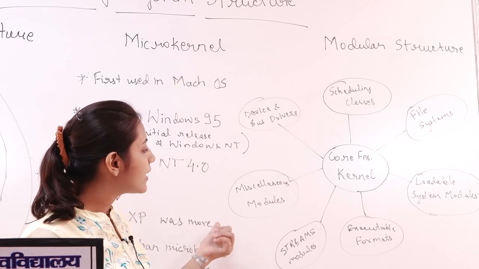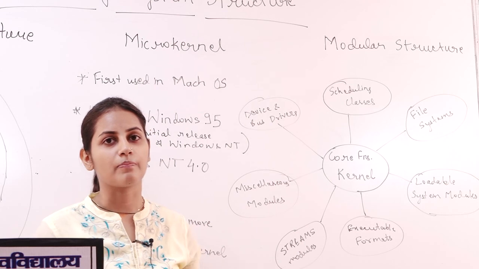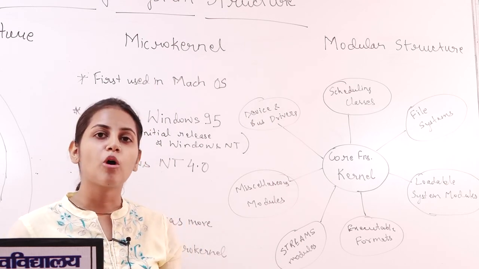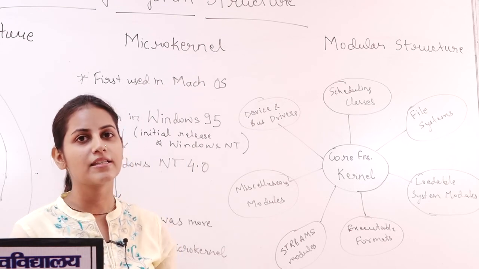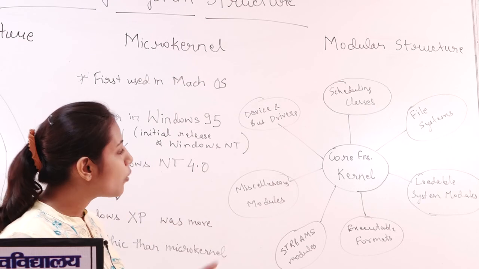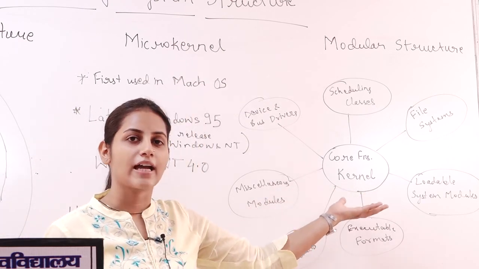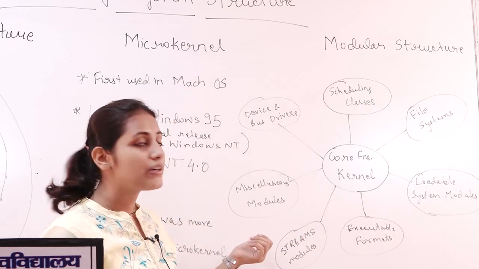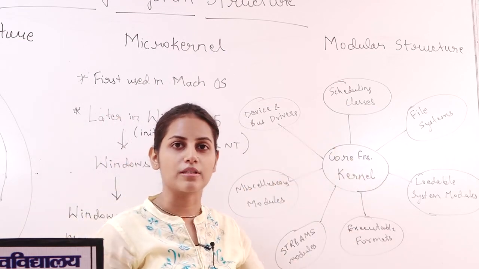These modules can be loaded as and when required into the operating system. So, if a module is not needed, that module will not be loaded and will not cause overhead on the operating system. The core functions associated with the kernel are again decided by the designers of the operating system, and the rest of the functionalities are given in terms of different types of modules.